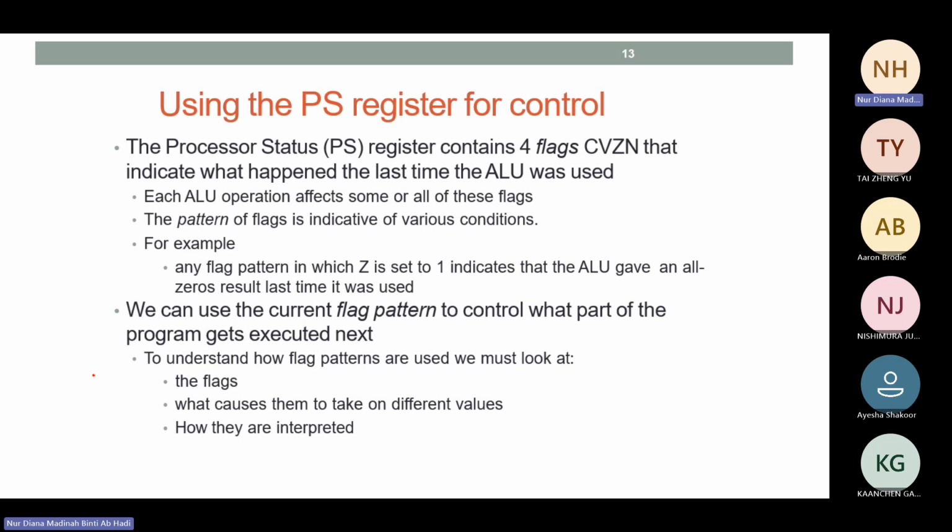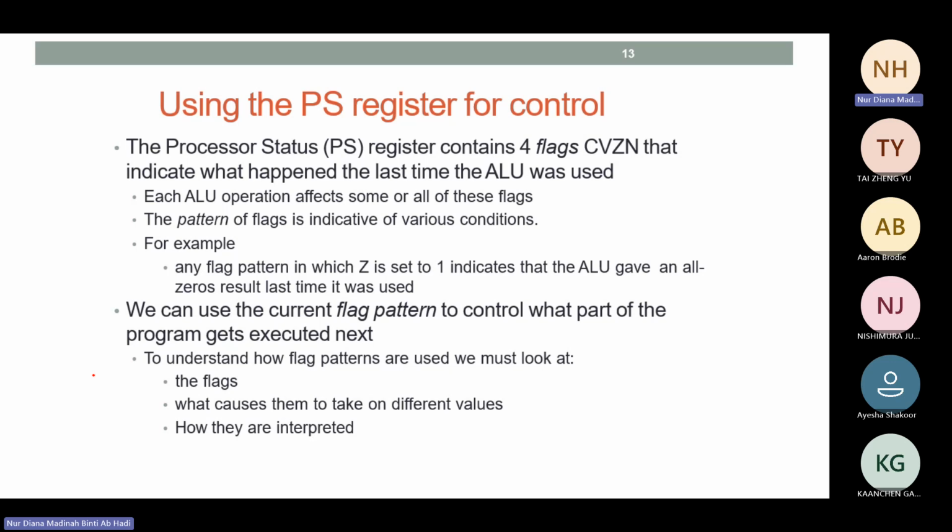Next, using your PS register for control. PS is your processor status register that contains 4 flags that indicate what happened when the ALU was last used. Each ALU operation will affect some or all of your flags. The pattern of your flags is indicative of various conditions. For example, any flag pattern in which Z is set to 1 indicates the ALU gave an all-zeros result last time it was used.